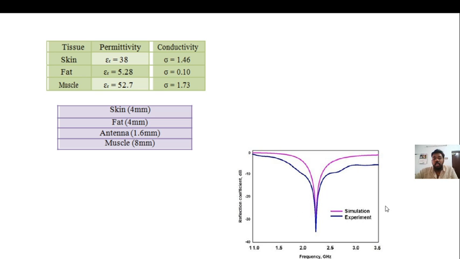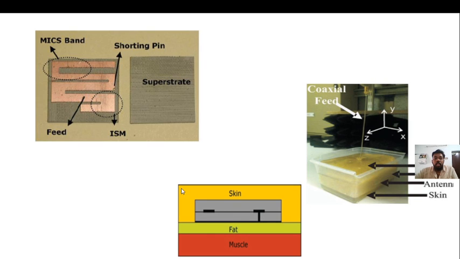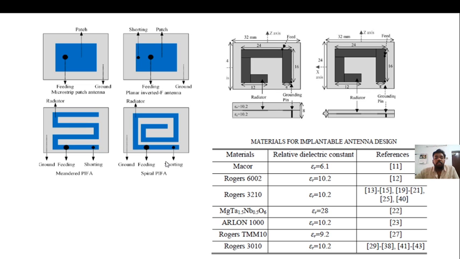This is the simulated and experimental result presented in that paper, right? This is the experimental setup, this is the pictorial representation of what we have seen, and this is the fabricated antenna. In this, the MICS band as well as the ISM band is available with the help of a coaxial cable, and the shorting pin is used along with the superstrate.